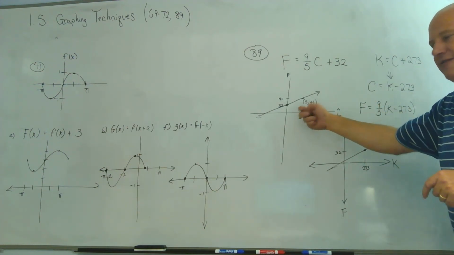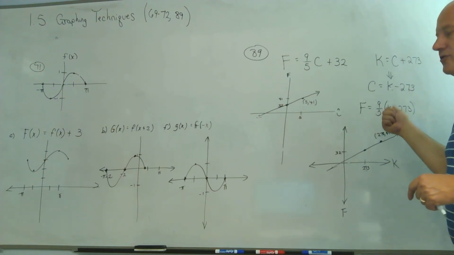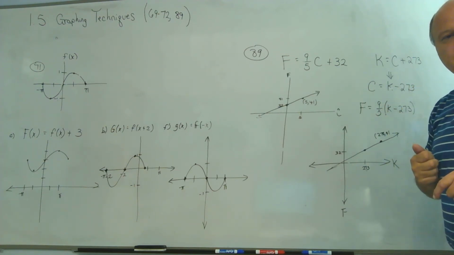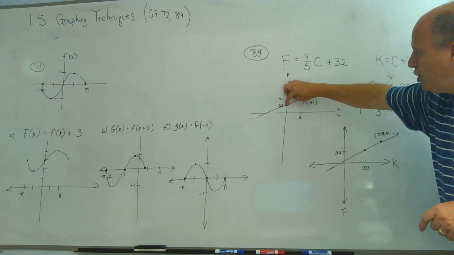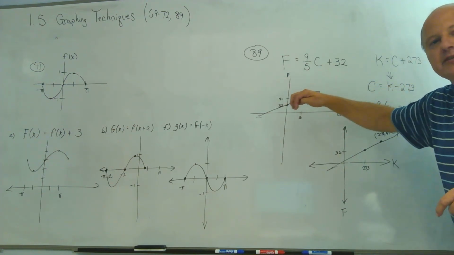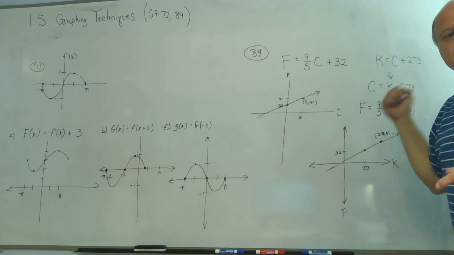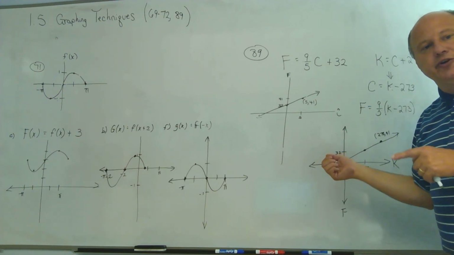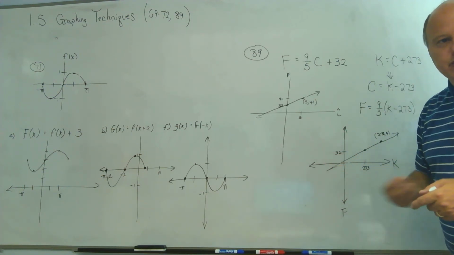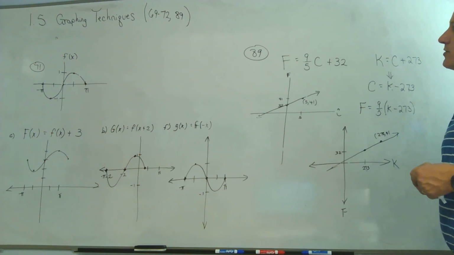So you just take that graph and move it 273 units, because that's a horizontal shift of 273 units. Then you find the points you know on the original graph and move them 273 units to the right, which basically means just add 273 to your x coordinates, and then you've got your other comparison. So that's how it works.